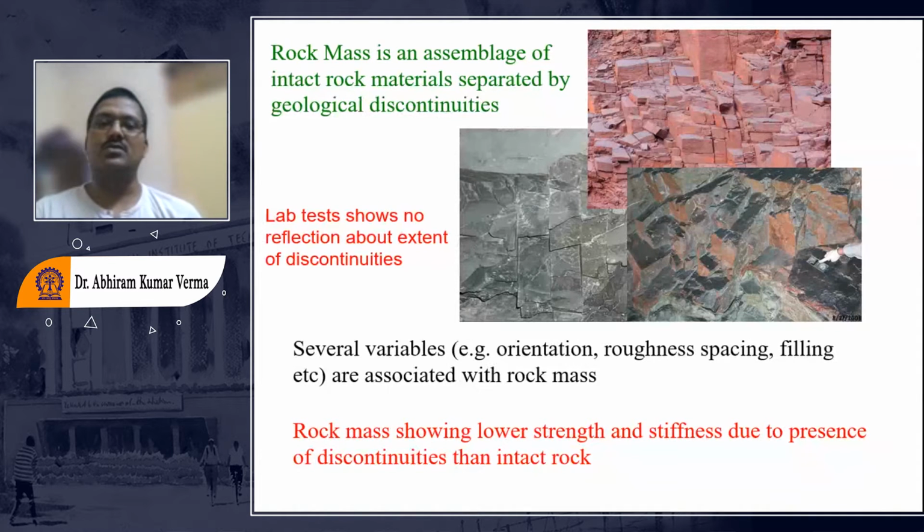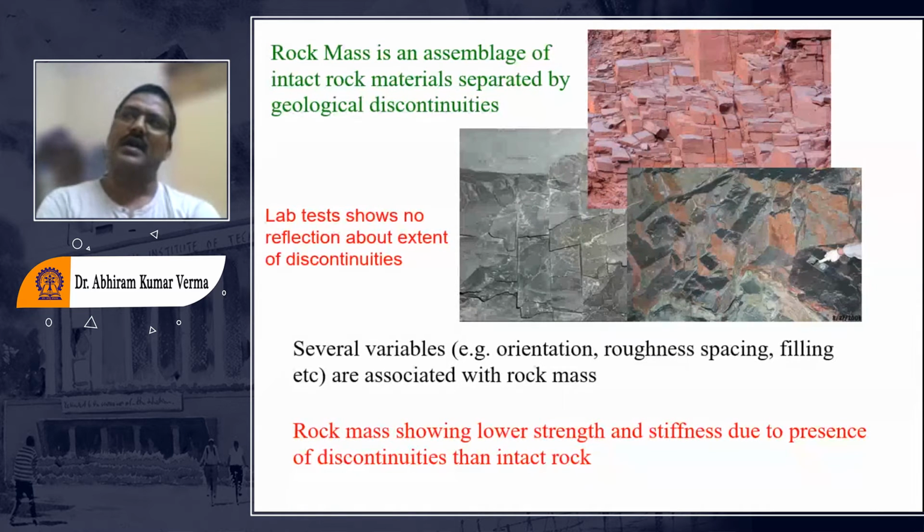So if I want to find out the behavior of the rock mass, I have to have knowledge of the behavior of the intact rock, as well as I have to get the values of how the geological discontinuities are affecting it, right? So the understanding of both of them is important.